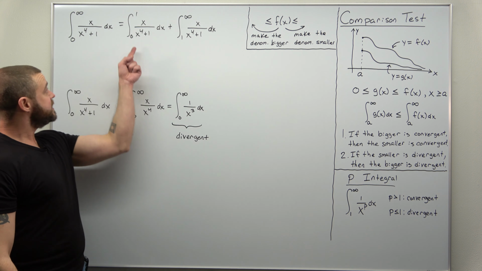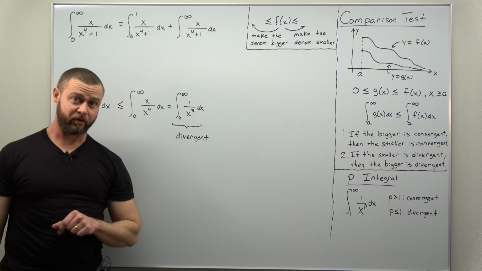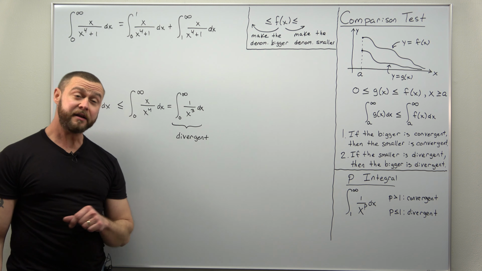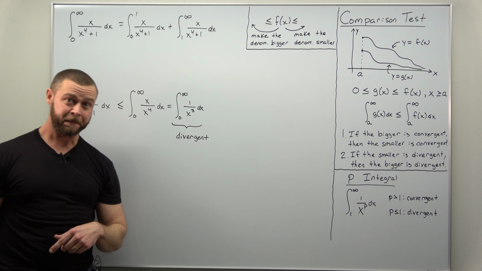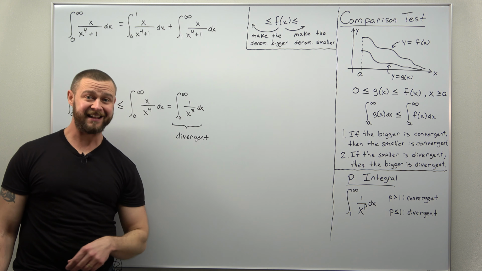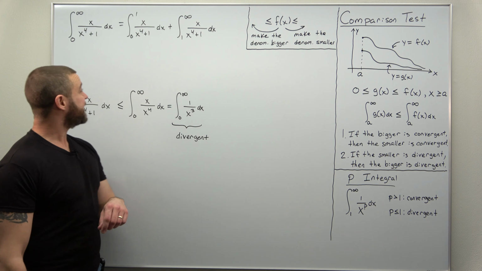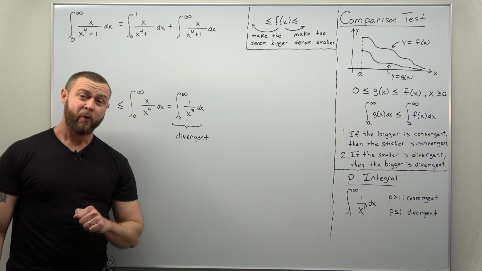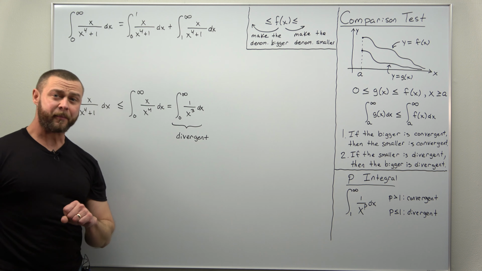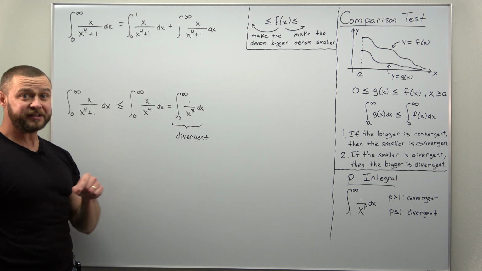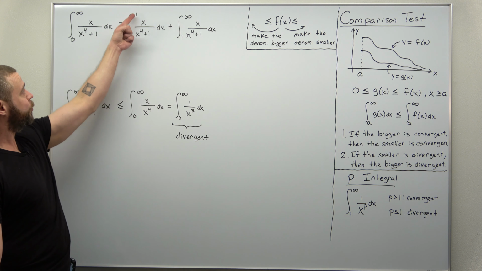Now, how we deal with the first integral there, I have no idea what this evaluates to. Maybe we can find an antiderivative and plug in and use the fundamental theorem of calculus, but this is not an improper integral. It is completely defined at both 0 and 1.